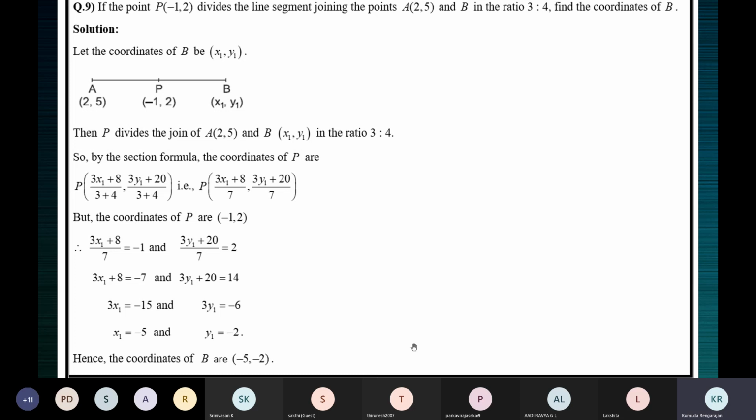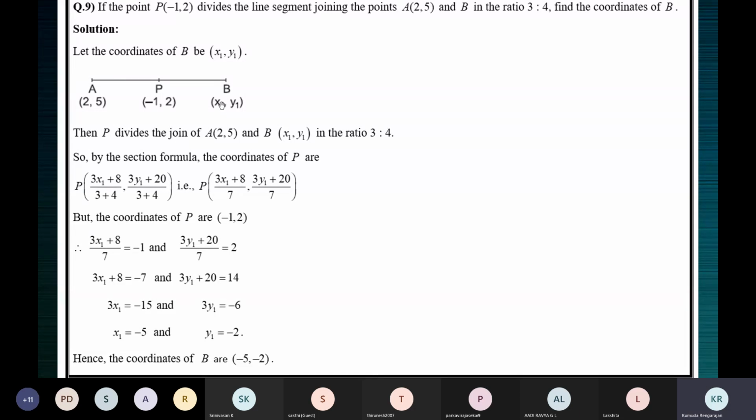So it's simple, children. See, we know the coordinates of P, (-1, 2). But how will you find the coordinates of P by the section formula? (mx2 plus nx1) by (m plus n). Use that formula. So you have the ratio 3:4.